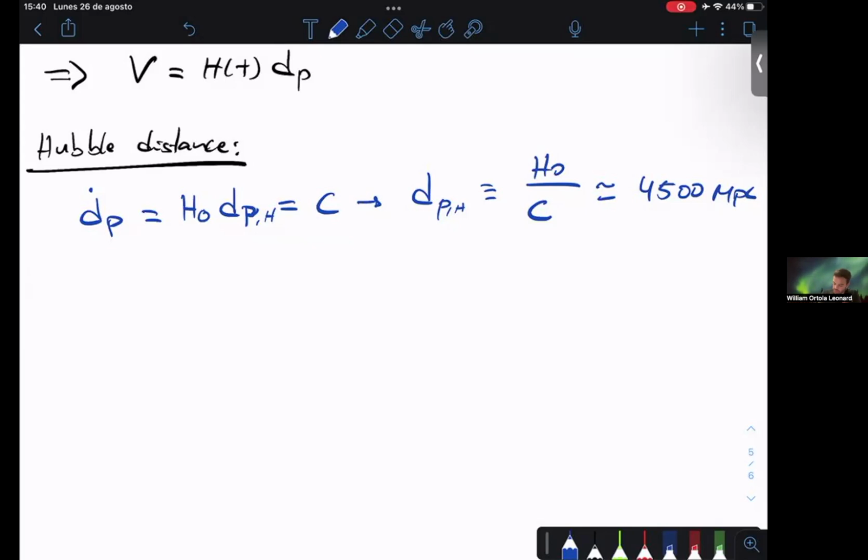All right, and so finally, the last distance that we're going to see today is the coordinate or the conformal distance.